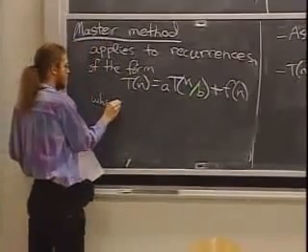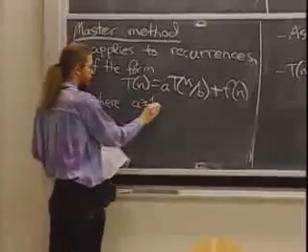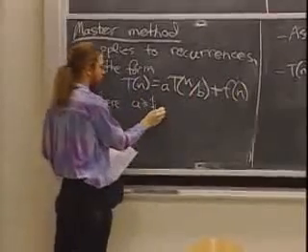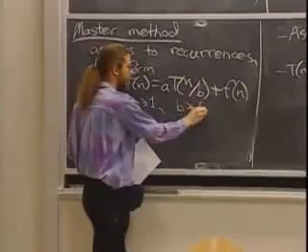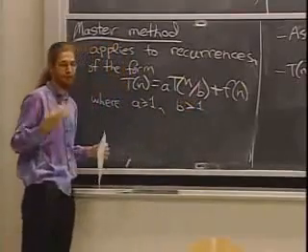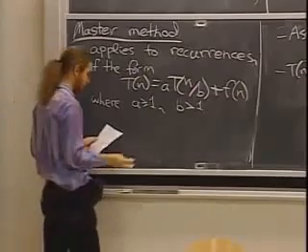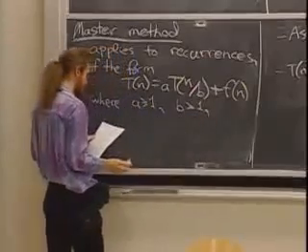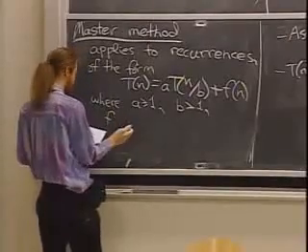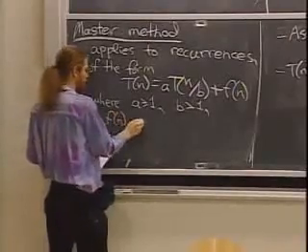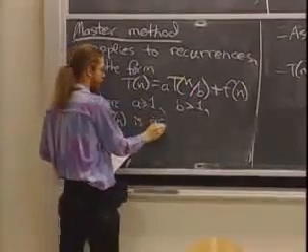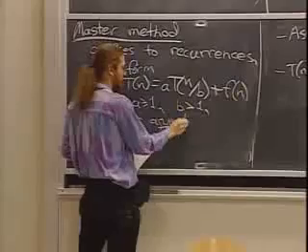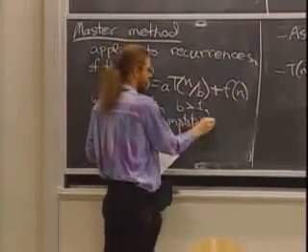Few constraints. A should be at least 1. You should have at least 1 recursion. B should be strictly greater than 1. You better make the problem smaller or else it's going to be infinity. And f should have some nice property. f of n should be asymptotically positive.